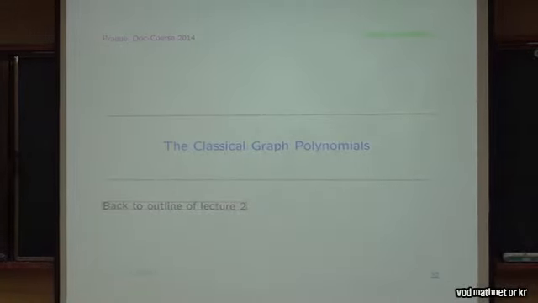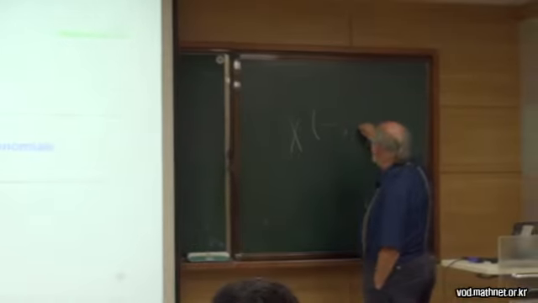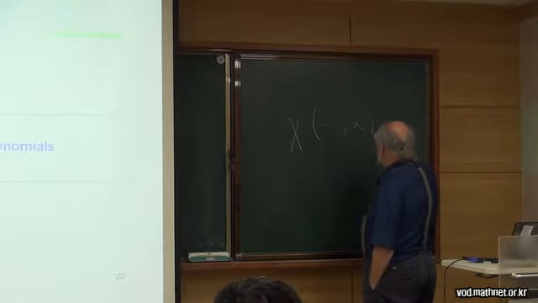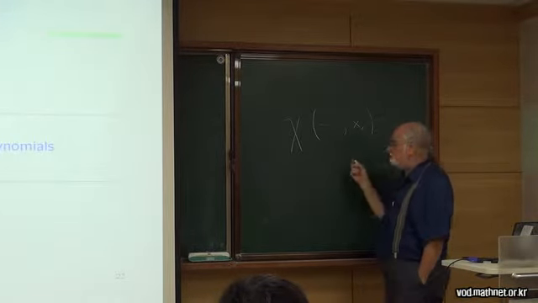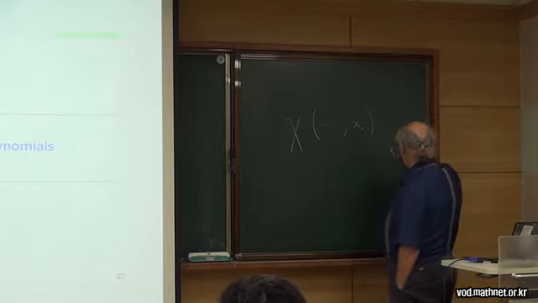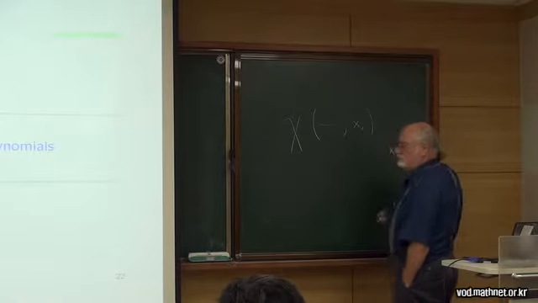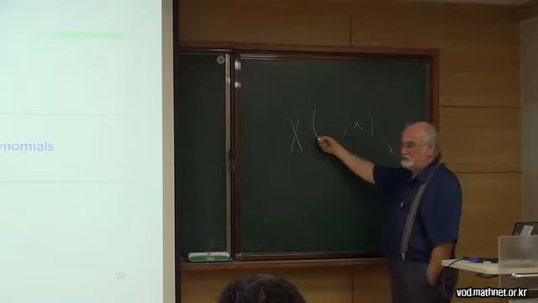This is the graph, and now you put a fixed value x0. For the moment, x0 is a rational number. So for each x0, this is a property of a graph, a graph parameter.